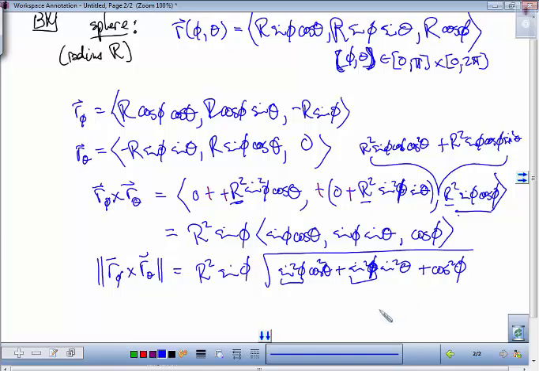That's just going to be 1 also. So all this thing disappears, and you just got r squared sine phi. You can do the math or do the trig carefully if you want to see that this adds up to 1, but just trust me that it's going to be that.